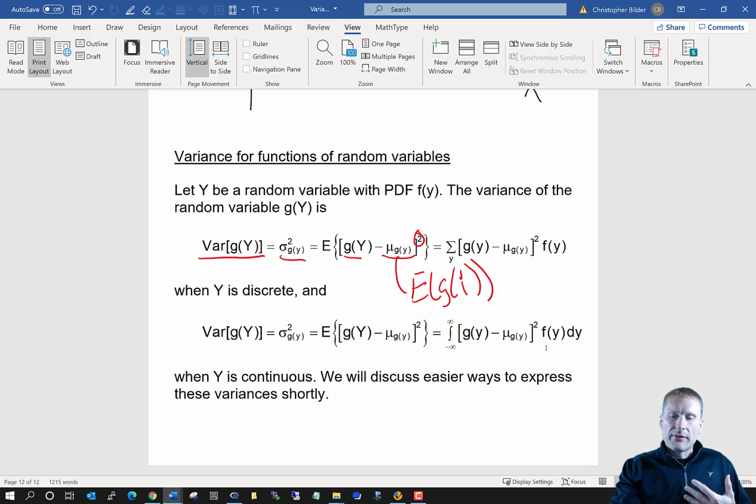For discrete random variables, we sum over all possible values of y, g of y minus mu sub g of y, squared, weighted by its corresponding probability. That's for a discrete random variable. For a continuous random variable, we make the same kind of substitutions as we've done in the past. So with that, that concludes this section on the variance of a random variable.